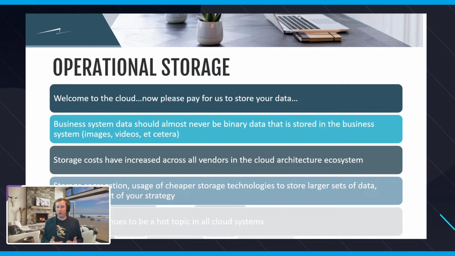So know that the storage alignment is a very critical component inside of your strategy. Number one, data lake. Great area to store the data that you have from your records inside of Dynamics 365 so that you can access it from Power BI. But at the same point, you don't want to store attachments inside of Dynamics 365.